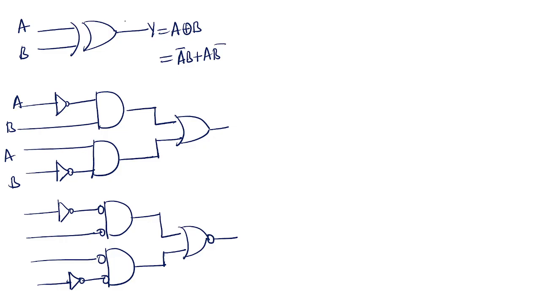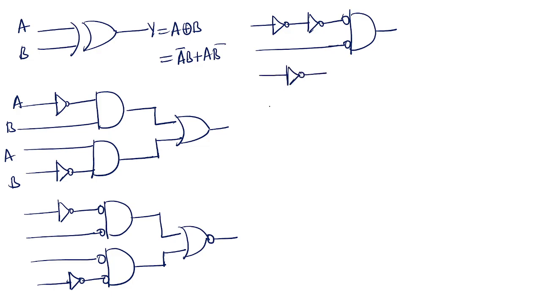Wherever you added the bubble, you need to add the inverter, and here also I am adding the inverter, here also, and at this output here also you add the inverter.